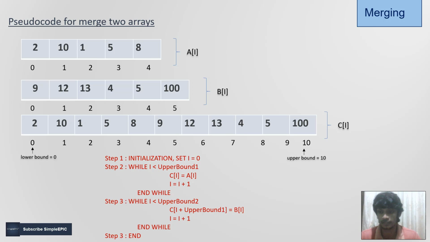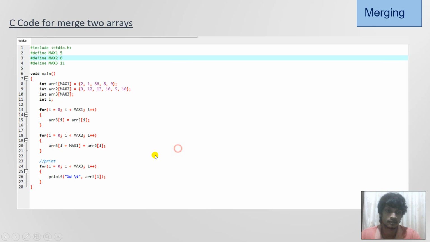So in order to prevent that kind of issue, we start I as upper bound 1, then it is incremented up until upper bound 2. So that is the basic procedure for merging two arrays, and this is how the C code looks after implementing this procedure.